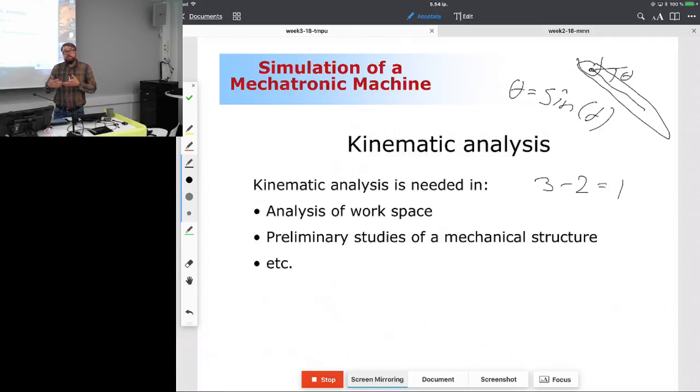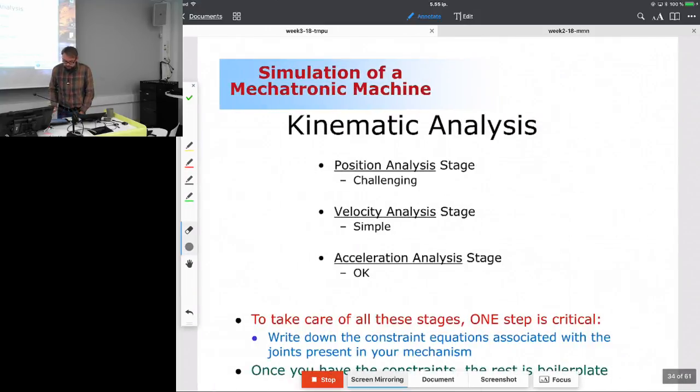It gives us a solution at the position level, and then we also have to solve for velocity and acceleration. All that is hidden in the constraints. All that information is inside the constraint equations. We just use a little bit of mathematical manipulation, and then we can solve it. So the kinematic analysis goes like this: first we carry out the position analysis.